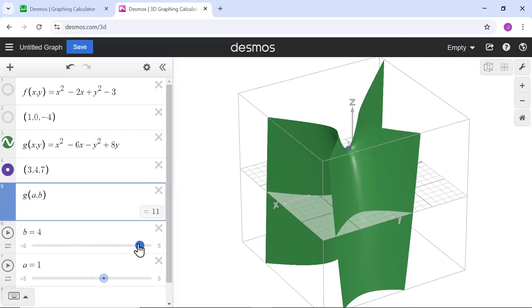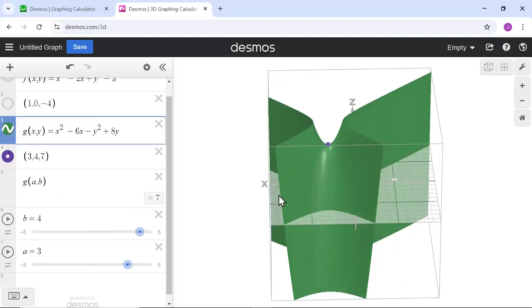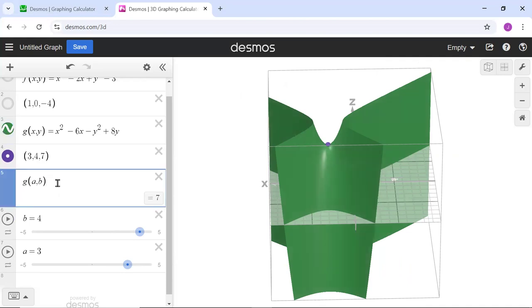So let's put our point, match it up. So we're at the point 3, 4. And as I start moving this, oh, hold on.